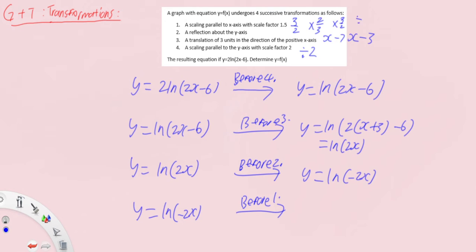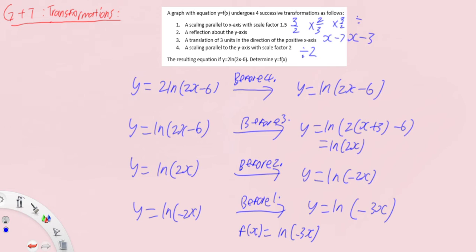Basically, divide by 2 over 3 equals 3 over 2. As such, we just multiply by 3 over 2 because we're doing the reverse, which we now have minus 3x. Alright, and this is the original graph, right? Determine y equals f(x), we then have f(x) equals ln(minus 3x).